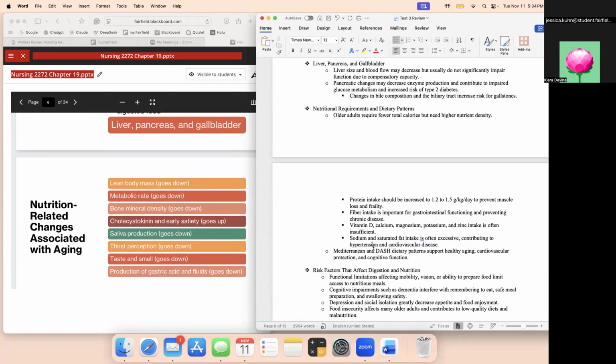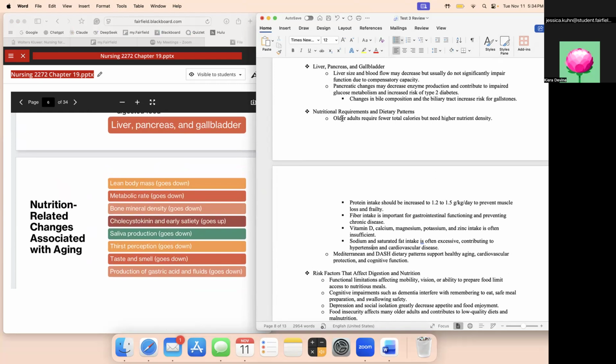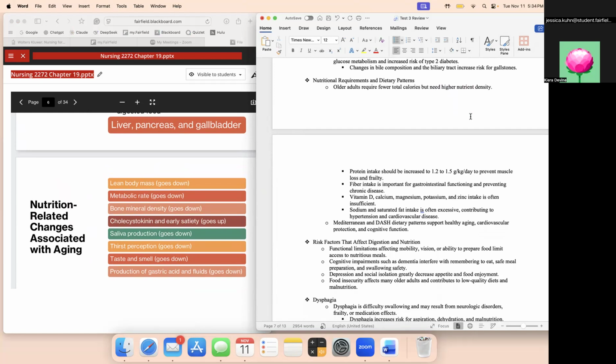Nutrition requirements and dietary patterns. Older adults require fewer calories but need higher nutrient density. So instead of eating three big meals a day, they revert kind of like to a toddler diet, where they're having smaller meals throughout the day, and those meals should be pretty nutrient dense.